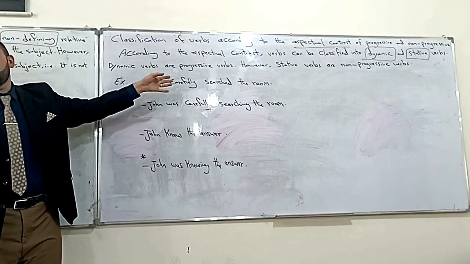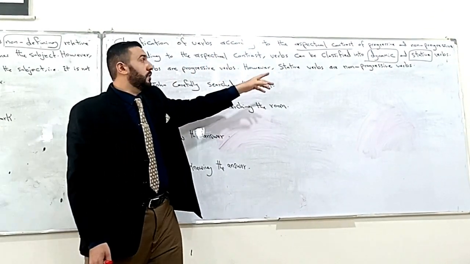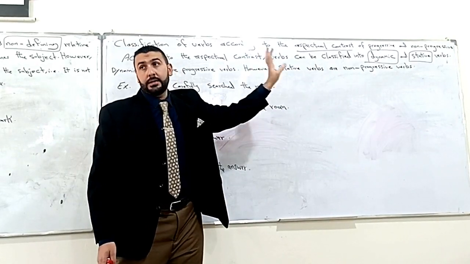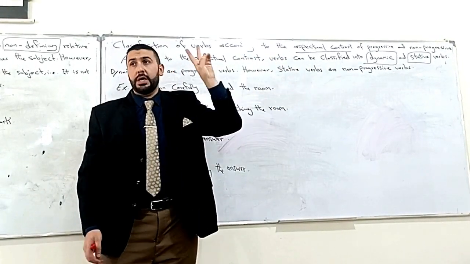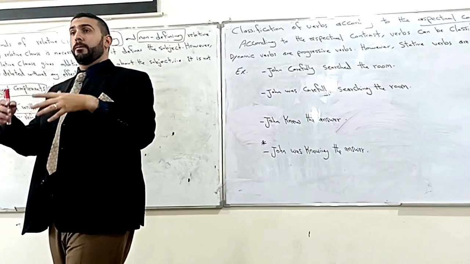According to the aspectual contrast, verbs can be classified into dynamic and stative verbs. So we have two kinds.